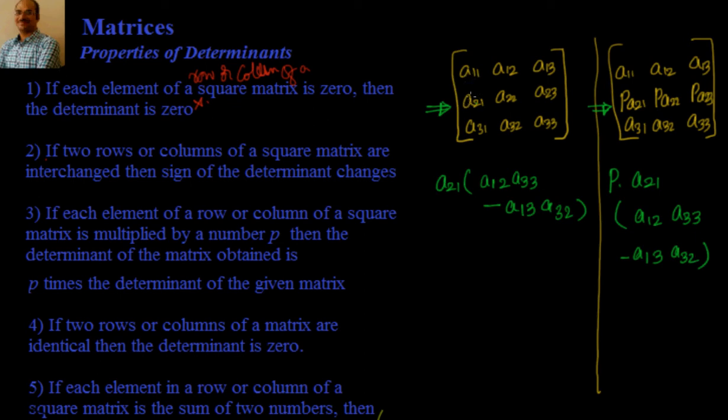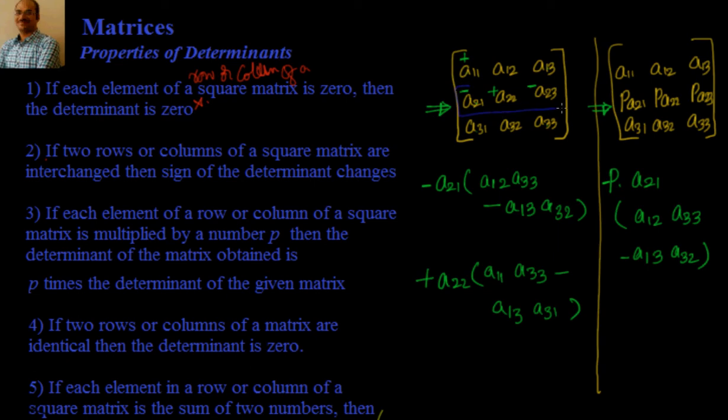Similarly, what is the next element? By the way, this is plus, this is minus. So I'll have minus here, I'll have minus here. The next one is plus, the next one is minus. So I'll have plus A22 into, if I remove that row and that column, A11 A33 minus A13 A31.